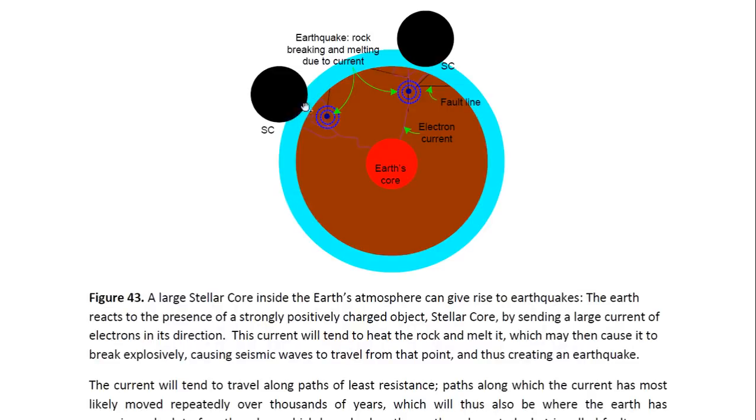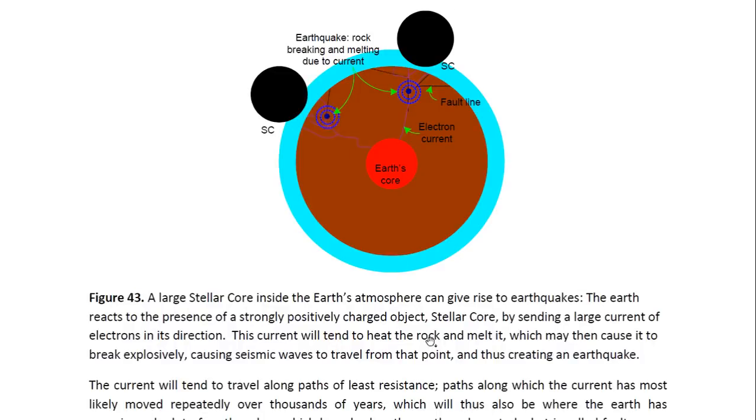So when it detects a positive charge in its outer layer, it tends to send electrons in that direction to cancel that positive charge there. And then a large amount of electric charge can cause rock to melt, slip, and explosively break so that an earthquake epicenter occurs at that point.